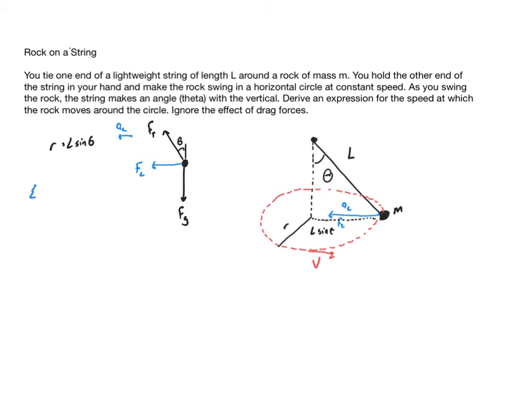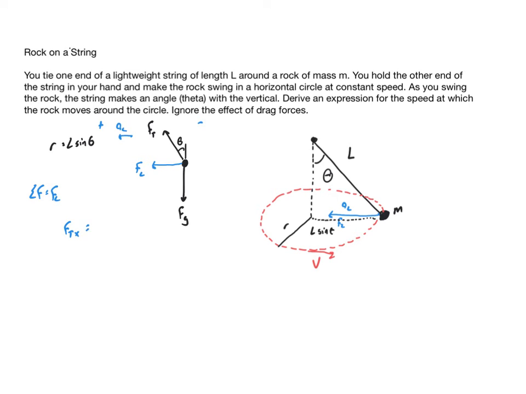The net force is the centripetal force, okay? And we're going to call everything going to the left positive and over here negative, just because it's a little bit easier that way. So the net force on the rock is the tension in the x direction, and that's it.